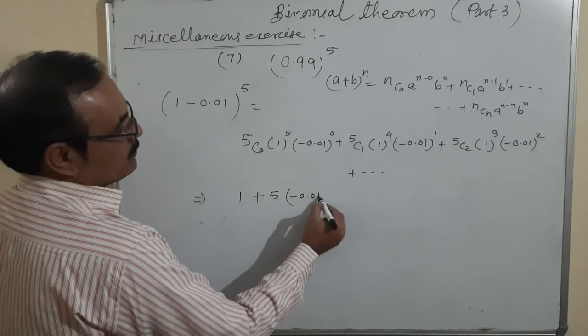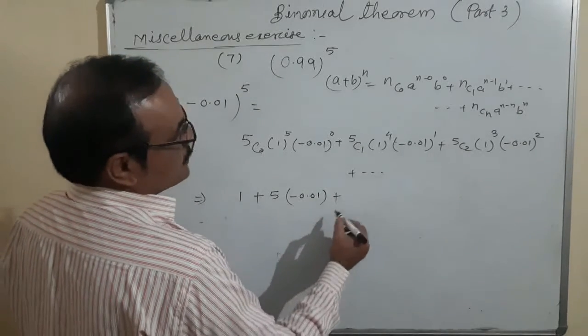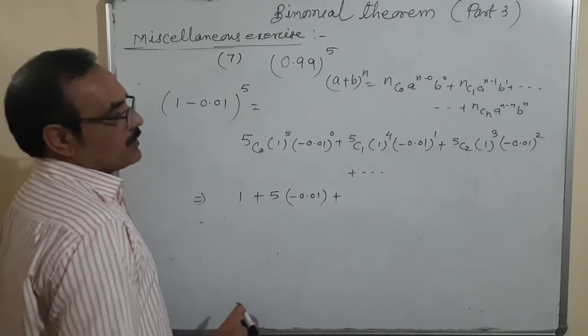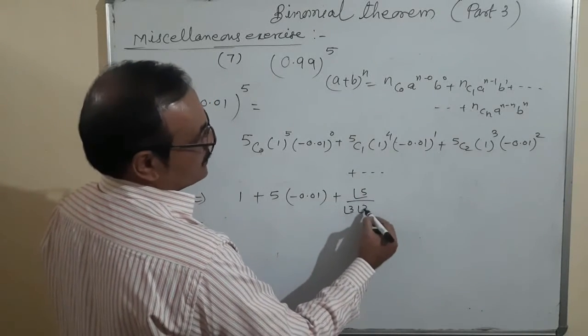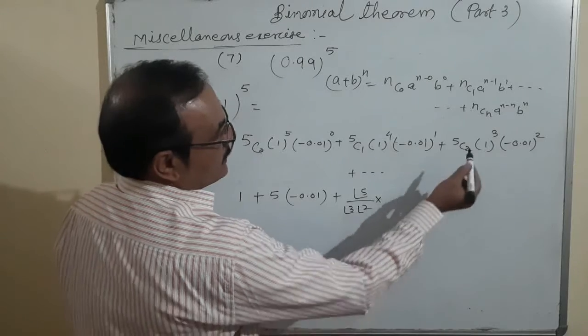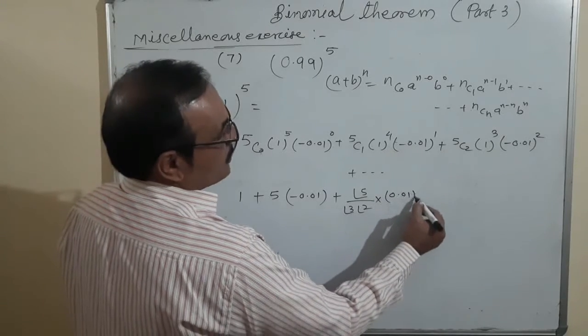Then 5C2 is factorial 5 upon factorial 3 and factorial 2 into 1, and the minus becomes plus, 0.01 whole square.